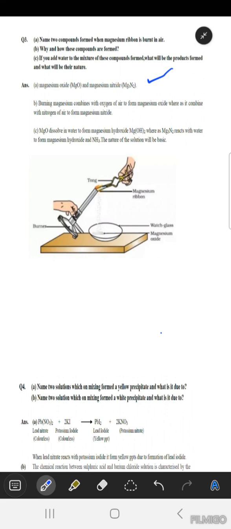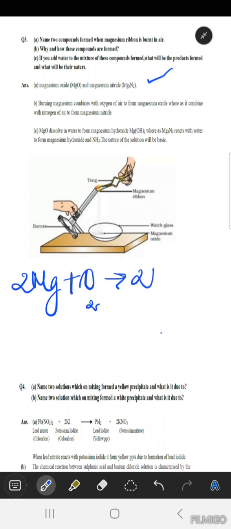In part B, we have to show how these compounds are formed. So you have to write the equation. First, how is the magnesium oxide formed? We all know when magnesium reacts with oxygen, what we get is magnesium oxide.